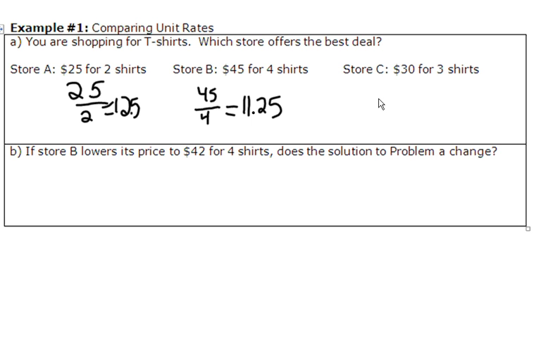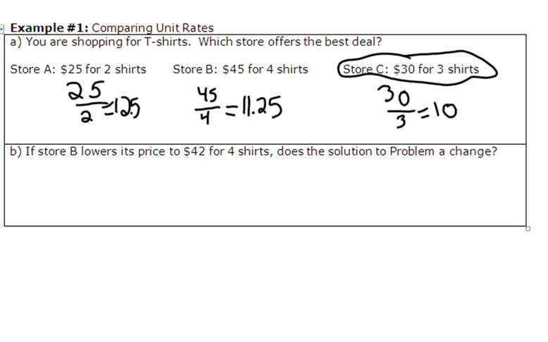Store C is $30 for 3 shirts, so I'm going to take 30 divided by 3. Well, 30 divided by 3 is 10. So it's only $10 per shirt at store C.